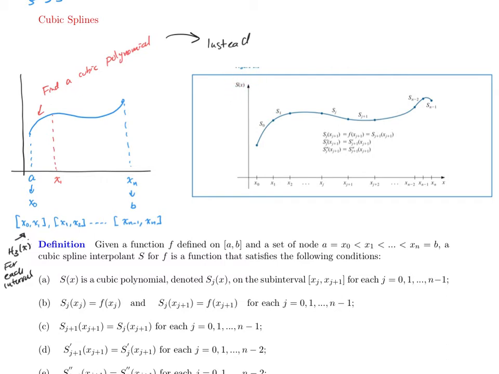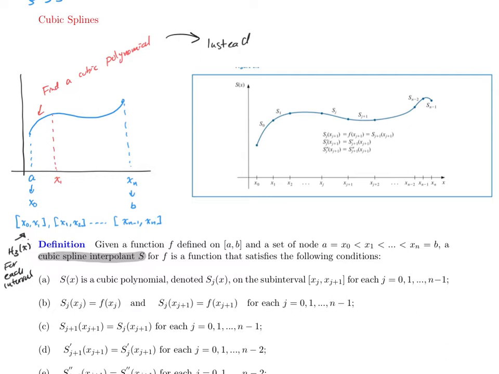So S is going to be called the cubic spline interpolant. So S is just going to be a piecewise function that will have n different cubic polynomials, and when you add all of them, you still have a cubic polynomial.